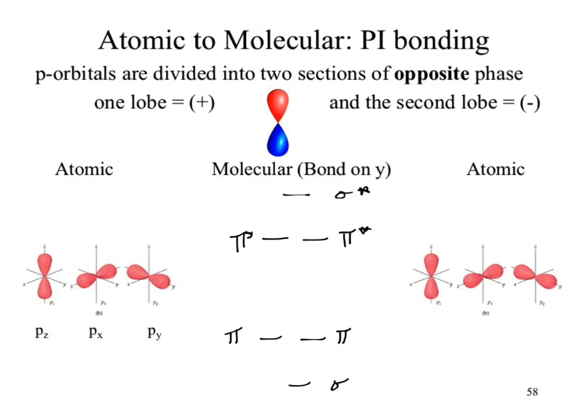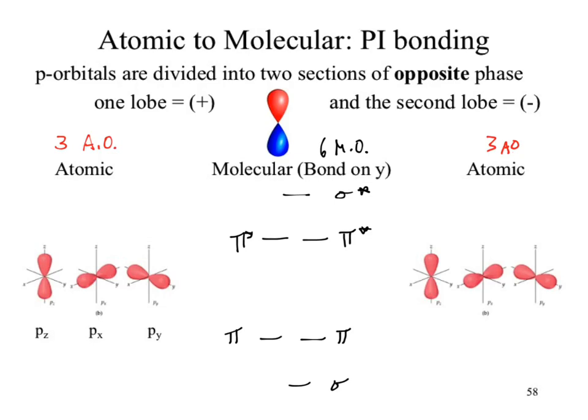How many atomic orbitals did I start with? 6. We had 3 atomic from one atom, and we had 3 atomic from the other. Note, when I add all the atomic orbitals up, what do I end up with? 6. The molecular orbitals match out.